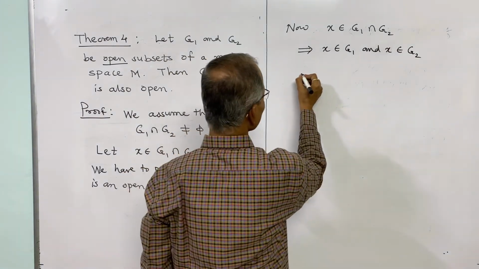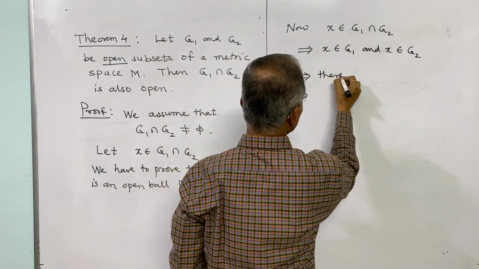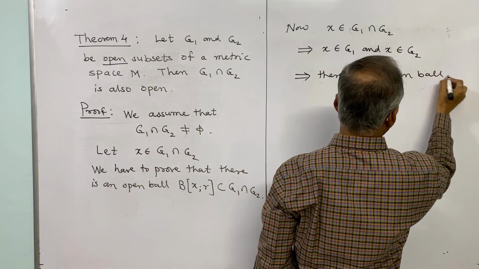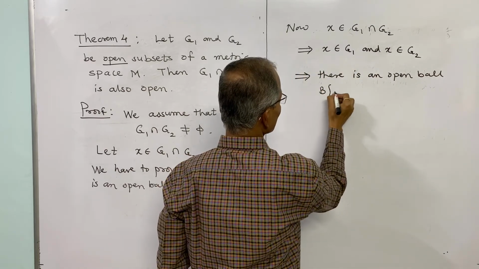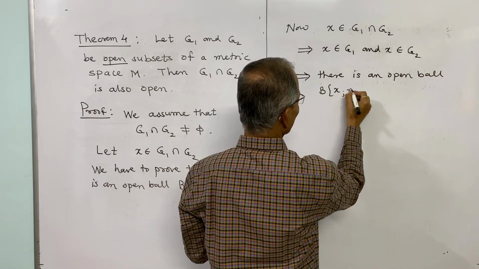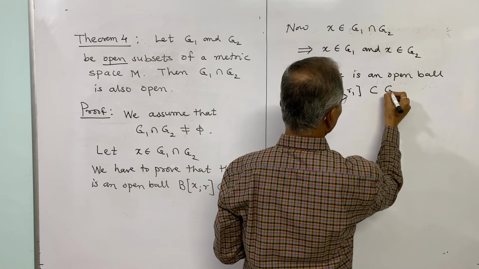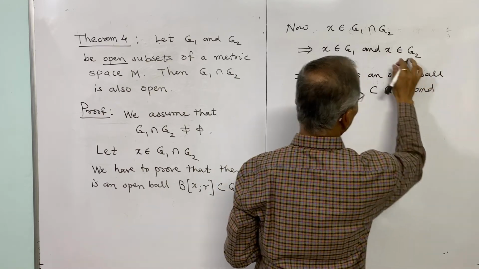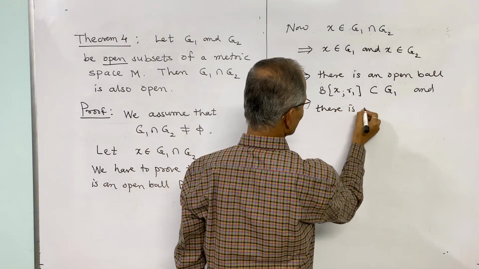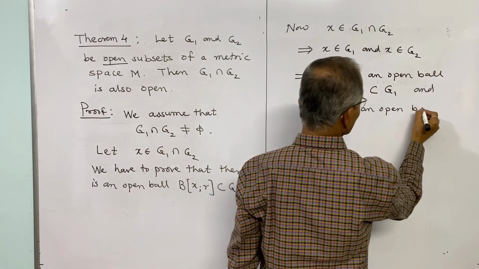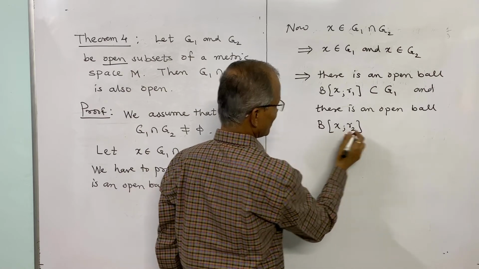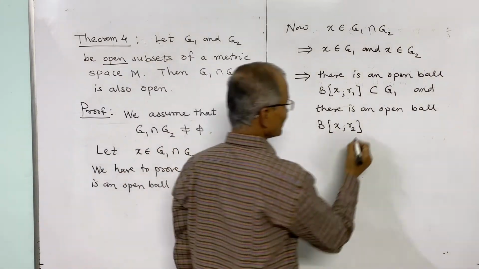So this implies there is an open ball around x of radius, say, r1, which is contained in G1, and since G2 is open there is an open ball of radius r2 around x that is contained in G2.